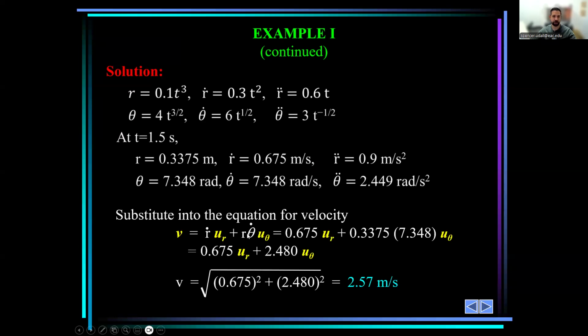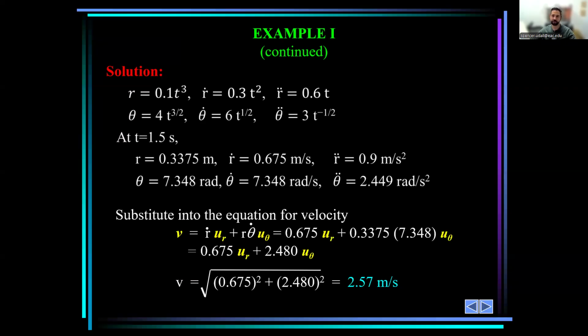And then r times theta dot: plug in r, there it is; plug in theta dot, there it is. That is our theta component of velocity. So our total velocity is just the magnitude of those Pythagorean together, and we've got 2.57 meters per second total.